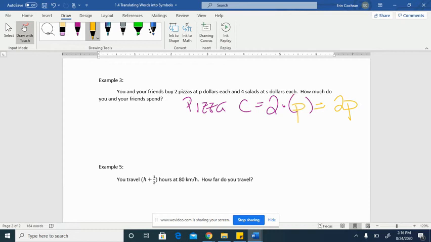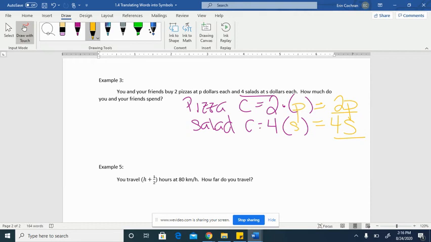My salad would be, we bought 4 of them, so 4 times the cost of the salad, and the cost of the salad is S dollars. So the cost of my salad would be 4 times S. The cost of my pizzas was 2P. The cost of my salads is 4S.